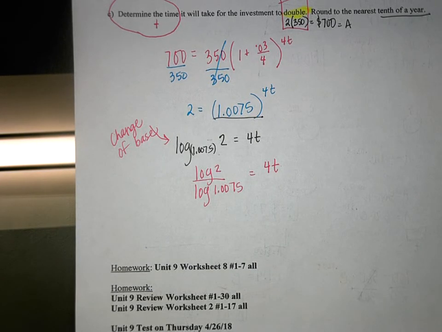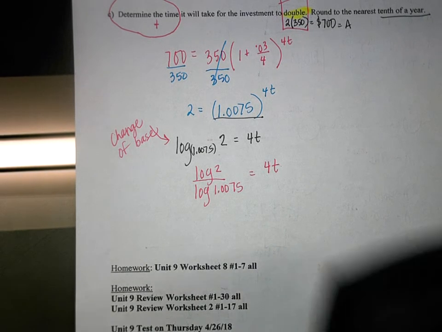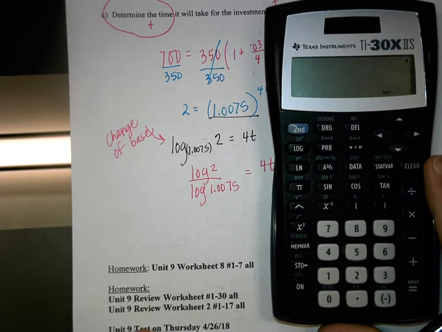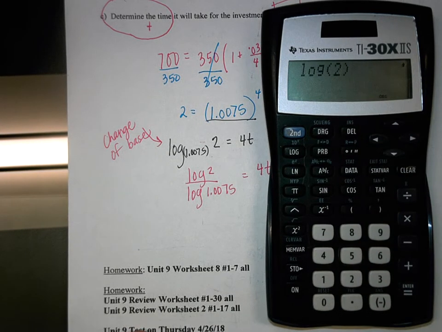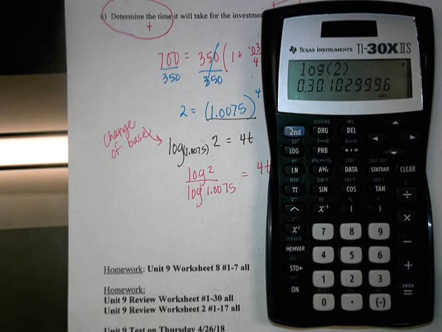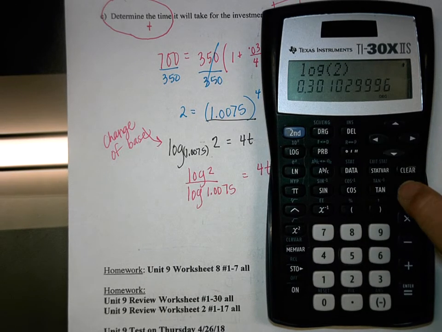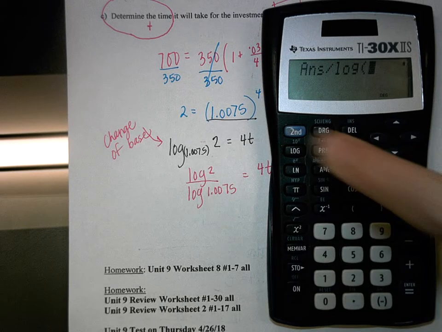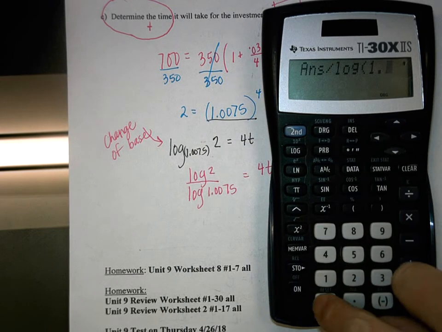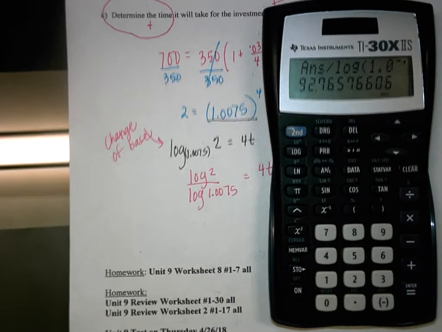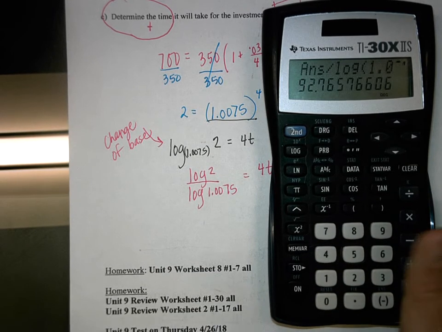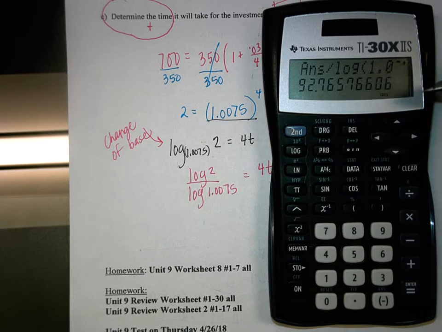Okay, can we do this in our calculator? All right. So we take log of 2, press enter, we get that value. Then we do divided by log of 1.0075, close the parenthesis, equals this value. Now again, I would probably leave this in my calculator, but I would still write something down.